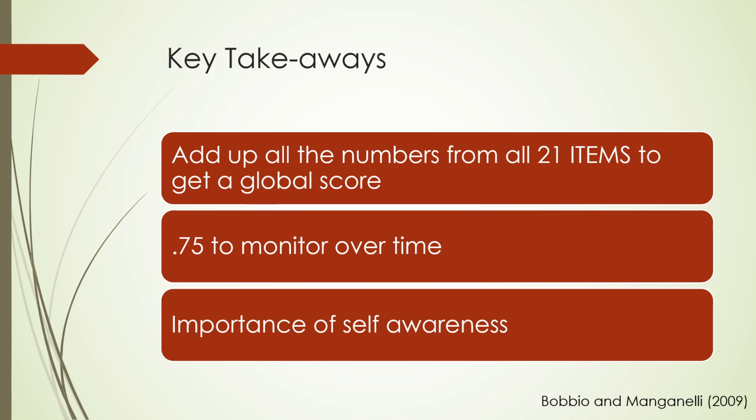So this is something that I want to improve on, leading change in a group. I'm going to be doing this assessment every 6 months to a year to see if this coefficient has increased.